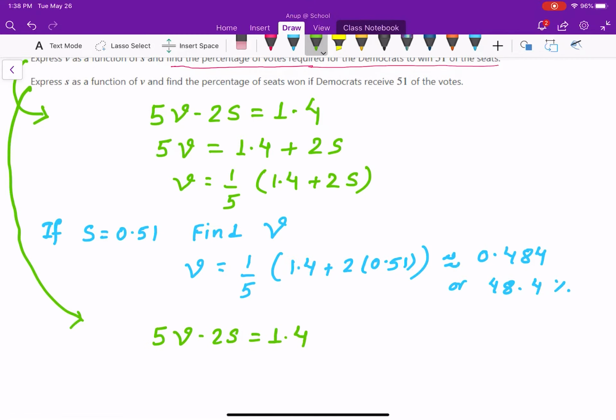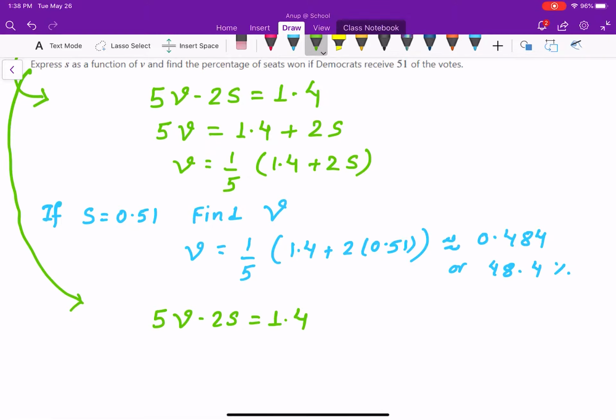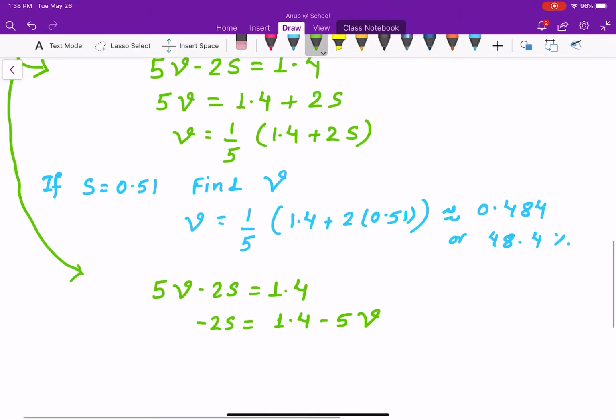Now we need to express S as a function of V, so we need to solve for S in terms of V. We write negative 2S on this side, subtract 5V, so we have 1.4 minus 5V, and then divide both sides by negative 2. So we get S equal to 1 over negative 2 times (1.4 minus 5V). You can leave it like that or simplify a little bit, but this is one of the expressions.